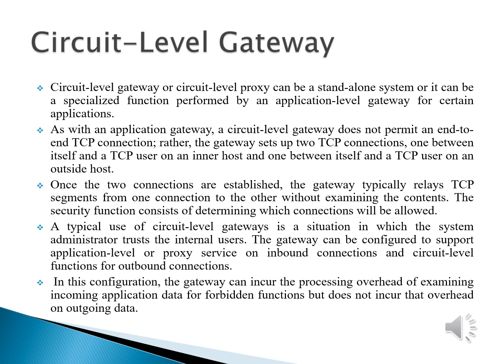The gateway can be configured to support application level or proxy service on inbound connections and circuit level functions for outbound connections. In this configuration, the gateway can incur the processing overhead of examining incoming application data for forbidden functions, but does not incur that overhead on outgoing data.